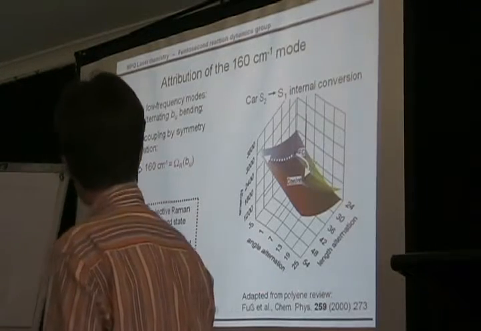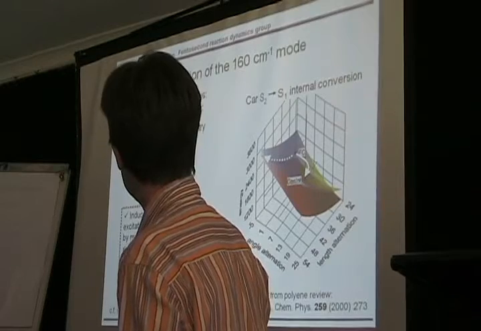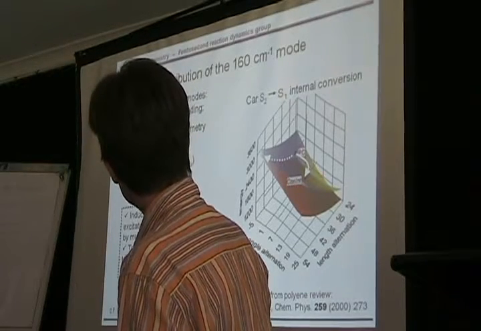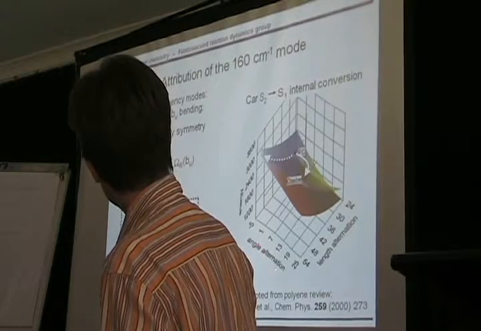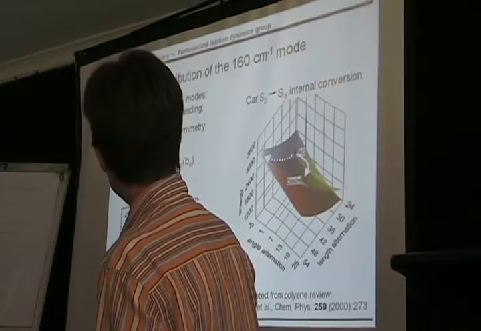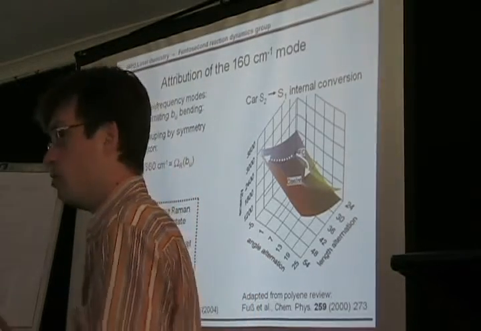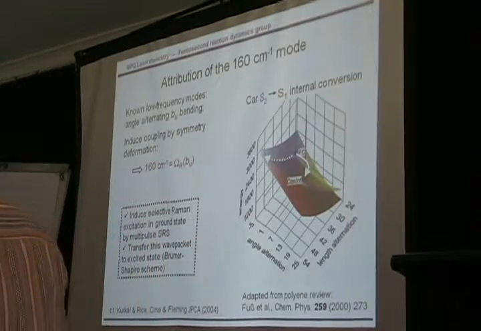From work on linear polyenes, we know that there is a conical intersection between the S2 and the S1 state, and we know that the Franck-Condon region is somewhat away, especially along the bond length alternation coordinate. The bond length alternation is in fact among these low frequency modes, which are in the range of 160 wave numbers.